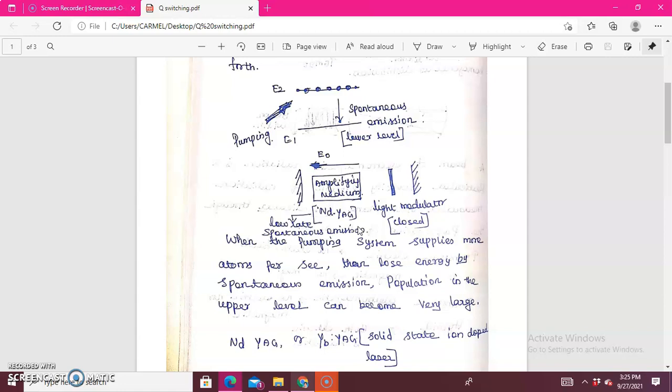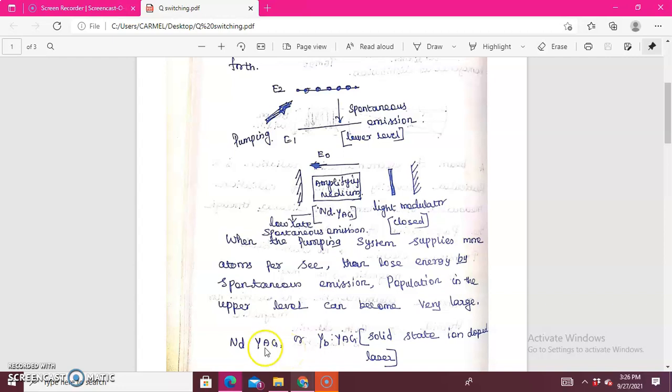We have many different types of lasers, and depending on the material, the spontaneous emission rate is either larger or lower. But our focus for Q switching is to maintain a large number of atoms in the higher level. That is the reason we have chosen Nd:YAG.